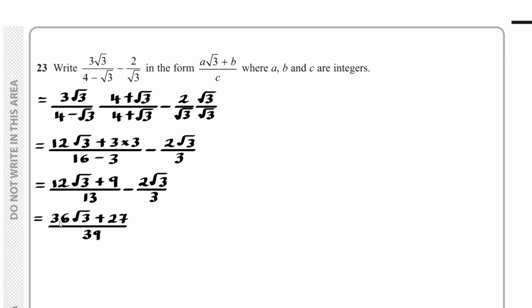So I've got 36 root 3 plus 27 over 39, subtract 26 root 3 over 39. Now that I've got this common denominator, I've got 36 root 3 subtract 26 root 3, which is just 10 root 3, and then I add the 27, and then I divide by 39. So I've got 10 root 3 plus 27 over 39.